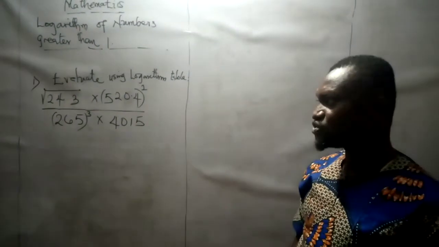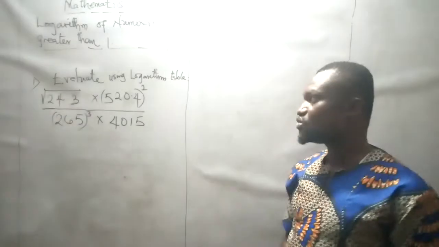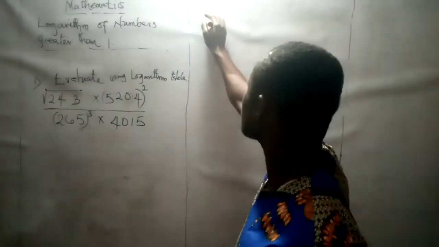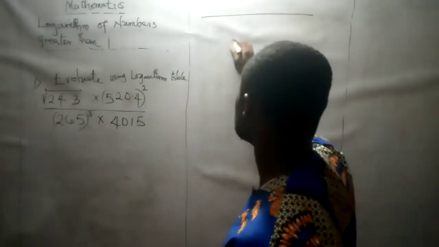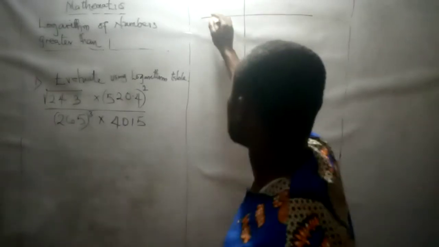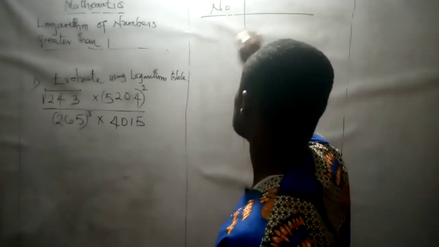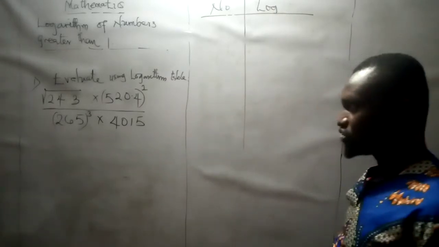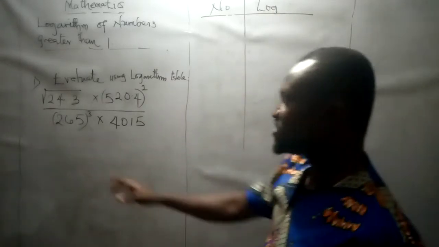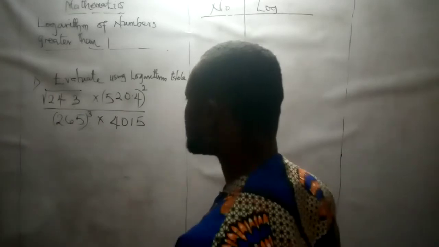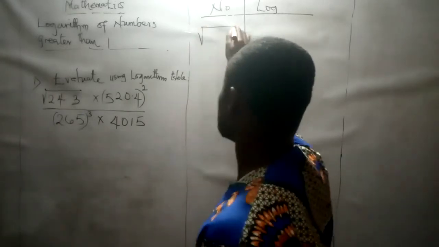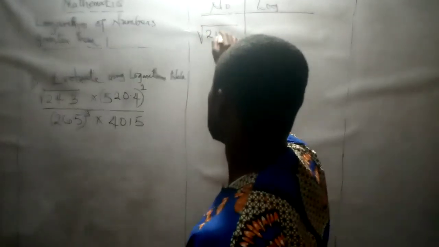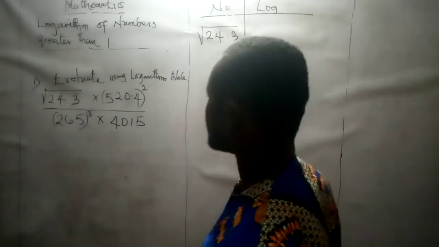Now, to solve this using logarithm table, we have our table. You arrange it in this very way. You have the number, you have the logarithm. In a short form, we write log. Now, the first one, you have square root of 24.3.